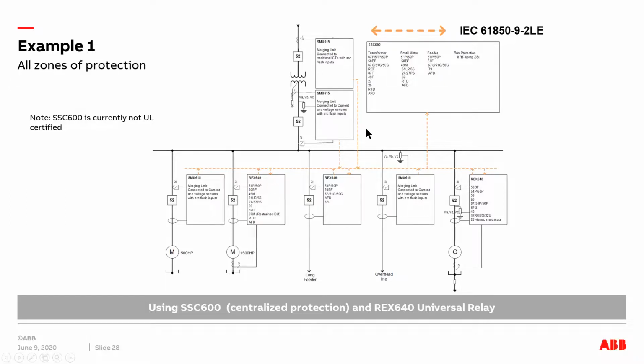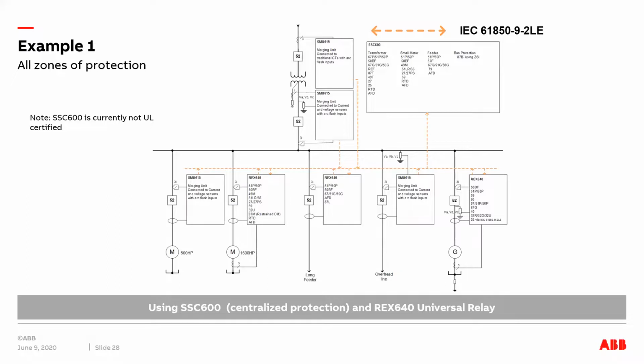And for the feeders, you can have either an SMU615, which is a substation merging unit, or a relay, like an REX640 in this case, or an REF615. So the requirement is that the REF615 or an REX640 can also publish, as I mentioned earlier, the sample values.